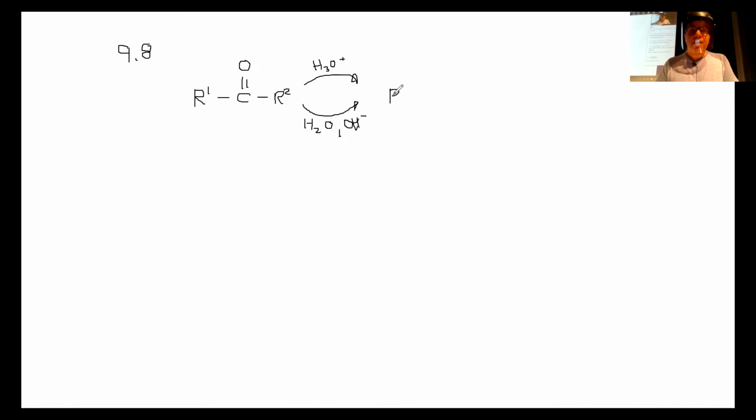You get the hydrate of that aldehyde or ketone. Or at the very least, there's an equilibrium between these species. And you'll get something that looks like this, the result of adding water across the carbon-oxygen double bond.